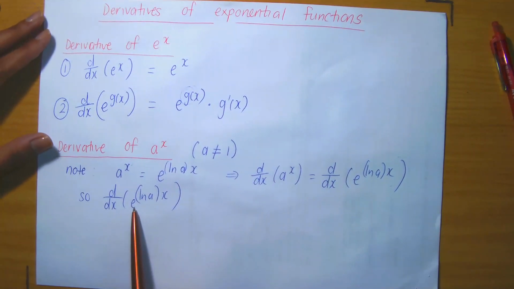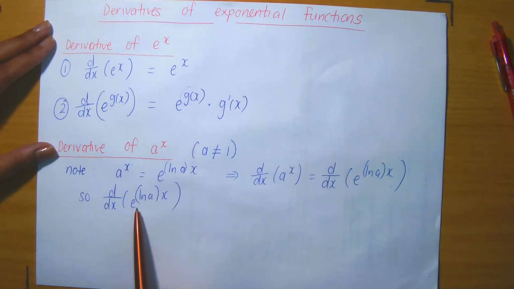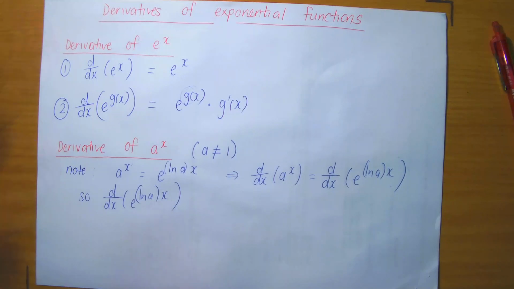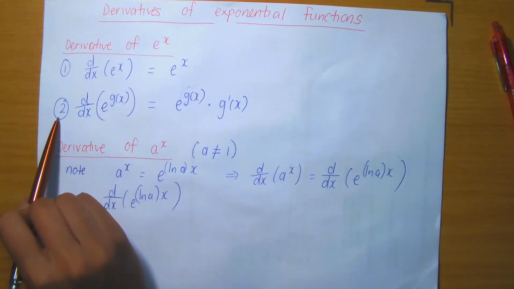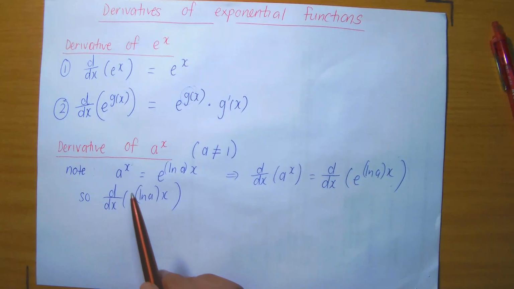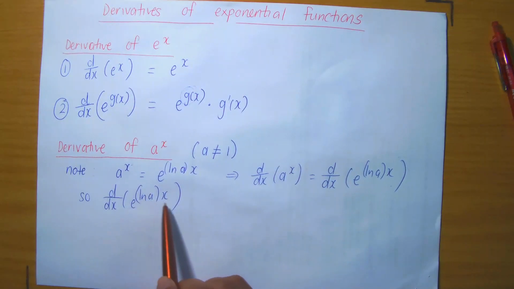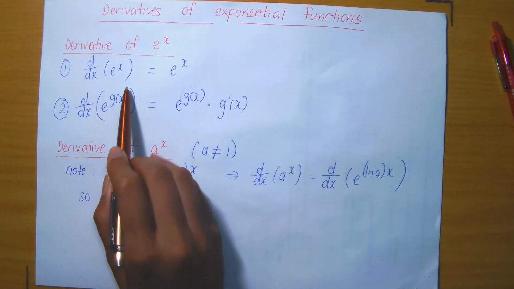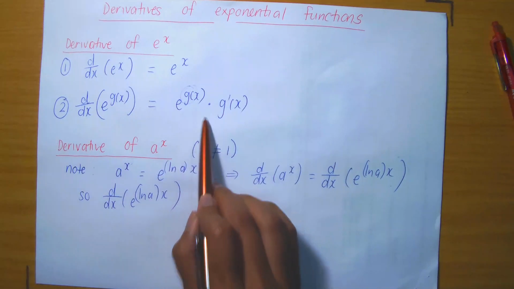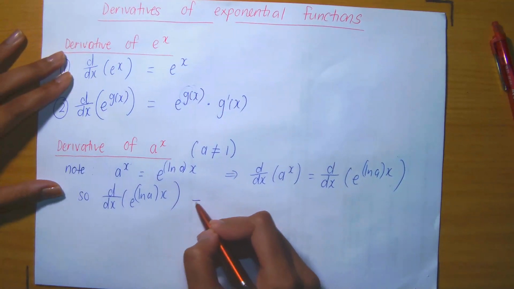We already know how to compute the derivative of base e raised to some function, because there it is in step 2. So if you now accept that ln of a times x is your inner function g of x, we can apply that formula to get this answer.